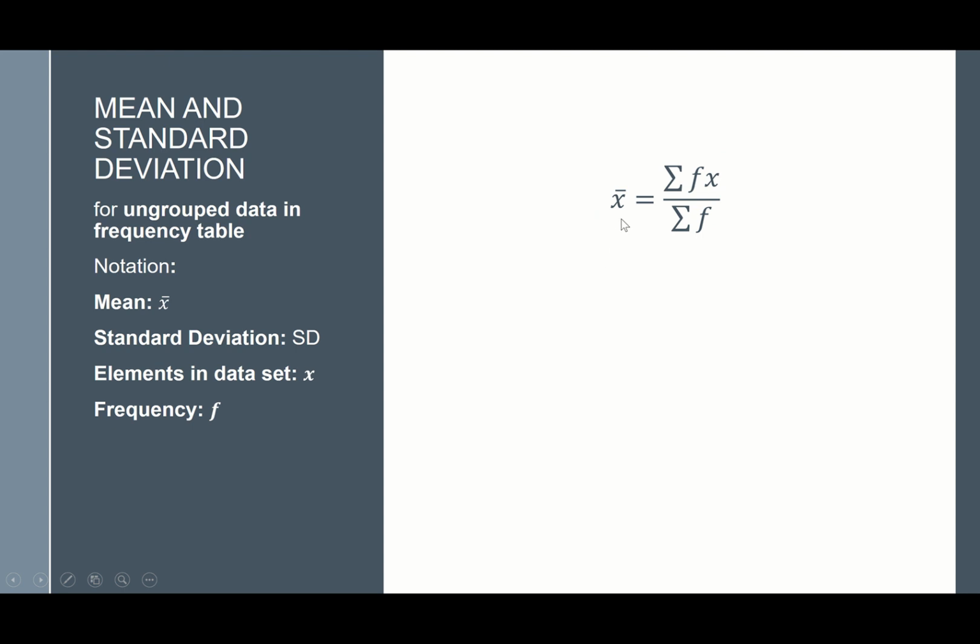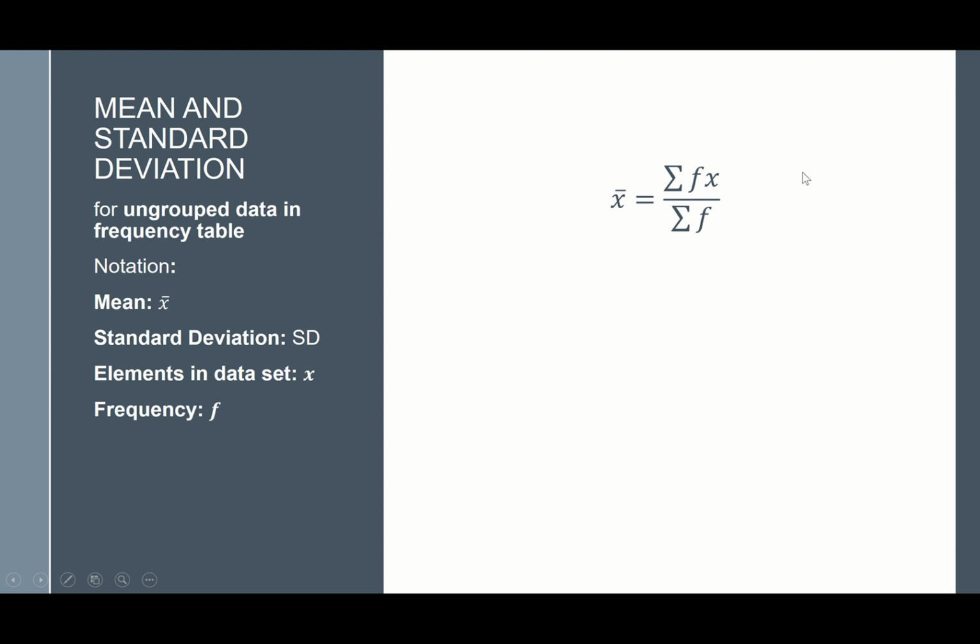As shown earlier, we can simplify our formula to this. The mean itself is the sum of each x multiplied by the frequency. So this x is not the individual data in the data set. This x represents each of the data in the table, and then divided by the sum of frequency.